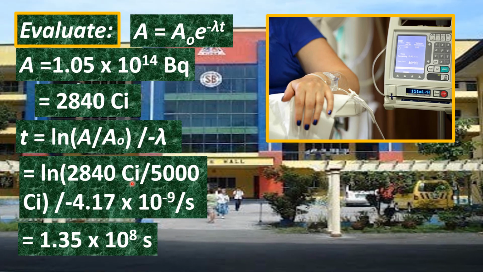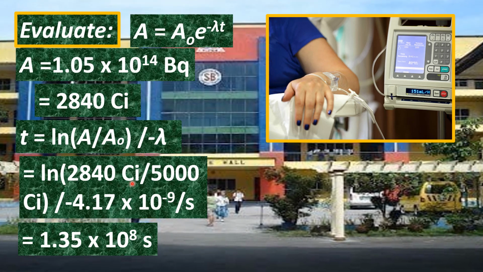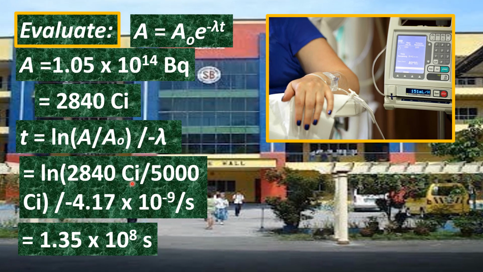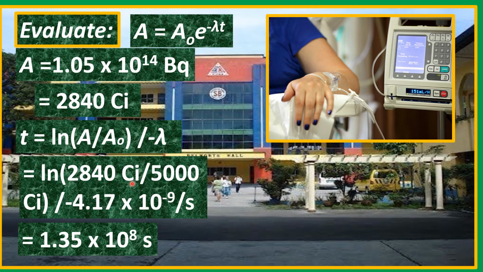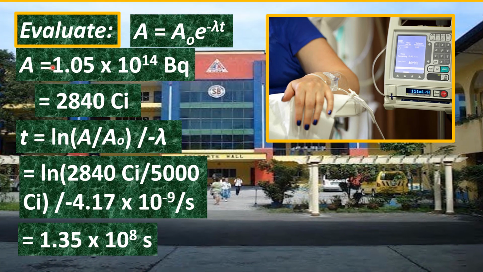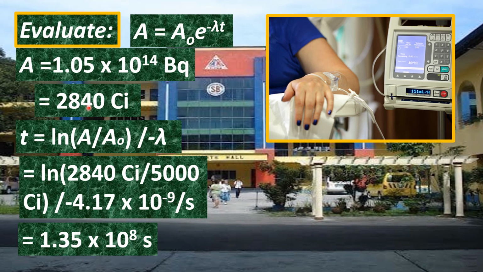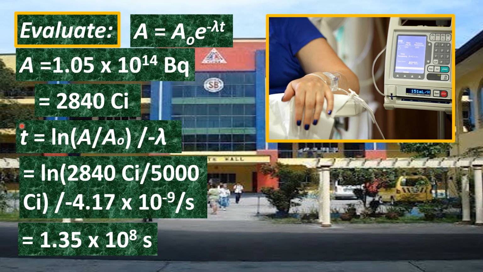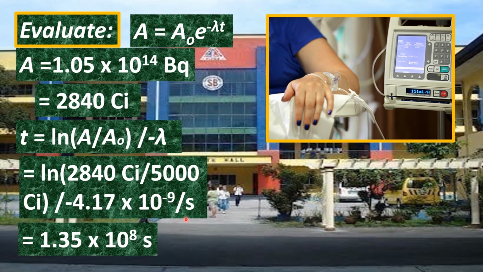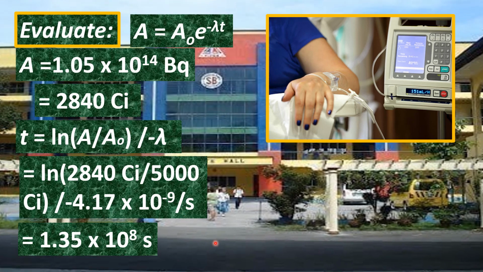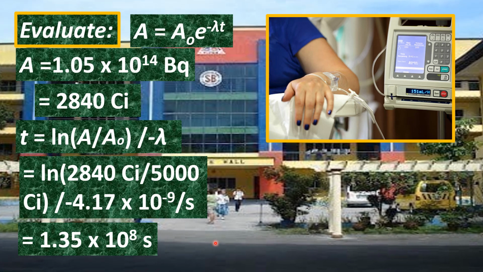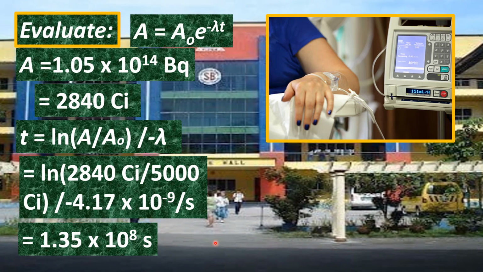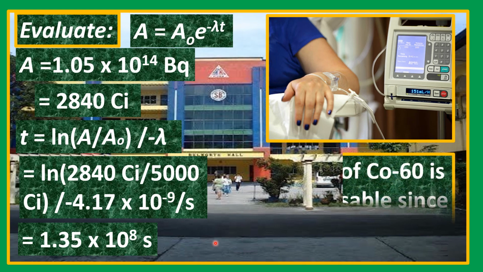All right? So we just verified the computed value for our activity A. So we can already make our conclusion as our final answer to the question.